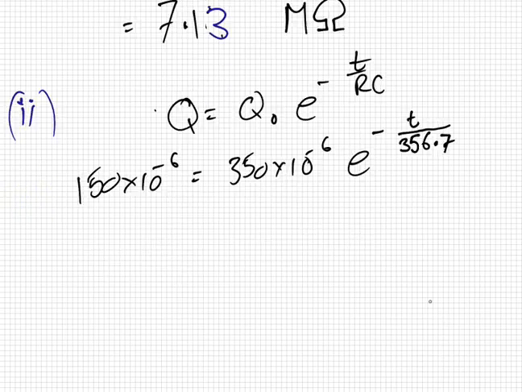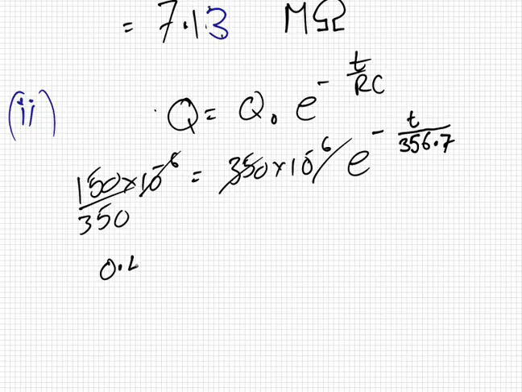Okay, this is so easy now. What do we do? Cancel, bring this down. What do I get on the left? 150 over 350, that's 3 over 7. What's 3 over 7? 0.4286 equals e to the minus t over 356.7.